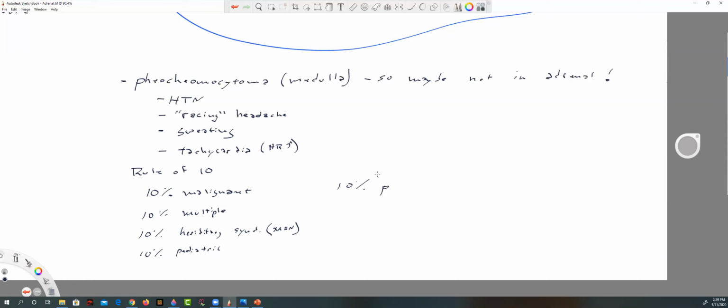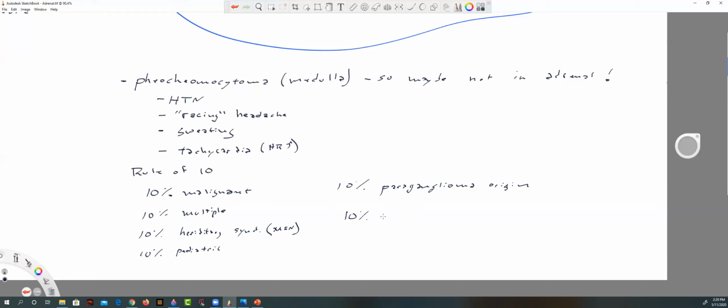How do I spell it? Paraganglioma. In other words, 10% are not in the adrenal gland at all. They're in the paraganglia.